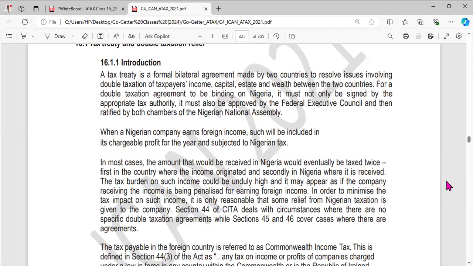So in order to minimize the impact on such income, it is reasonable that a kind of relief from Nigerian tax is given to the company. So that's basically what we are doing.